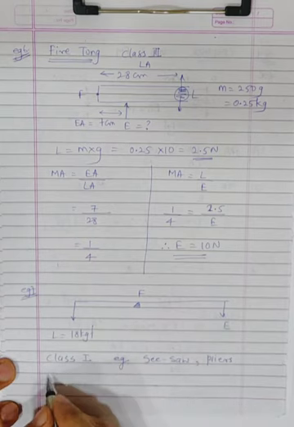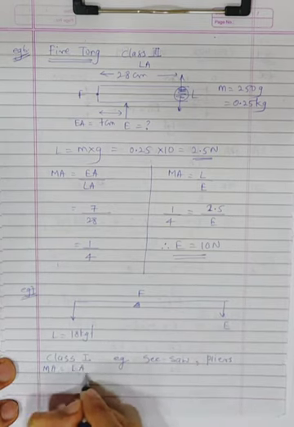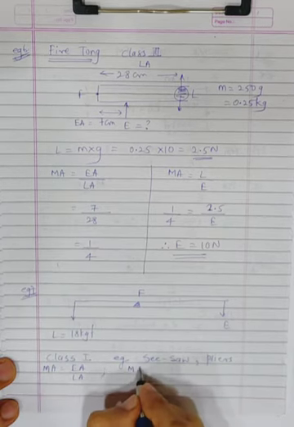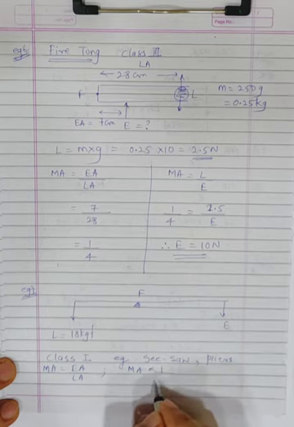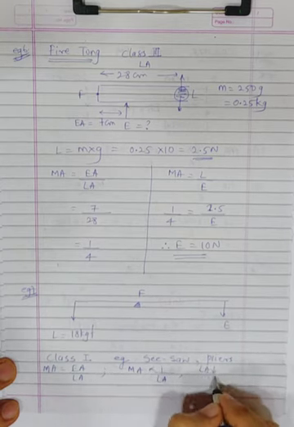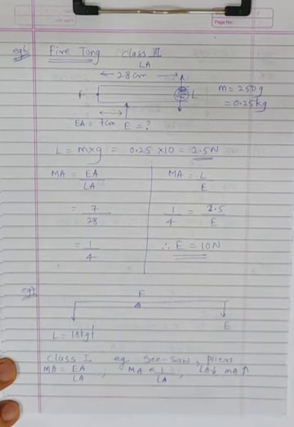So what is MA equal to now? MA is equal to effort arm upon load arm. So if you realize from this equation, MA is inversely proportional to load arm, meaning if your load arm is decreasing, then your MA will start increasing, so your mechanical advantage starts increasing. So that's all, yeah, done.